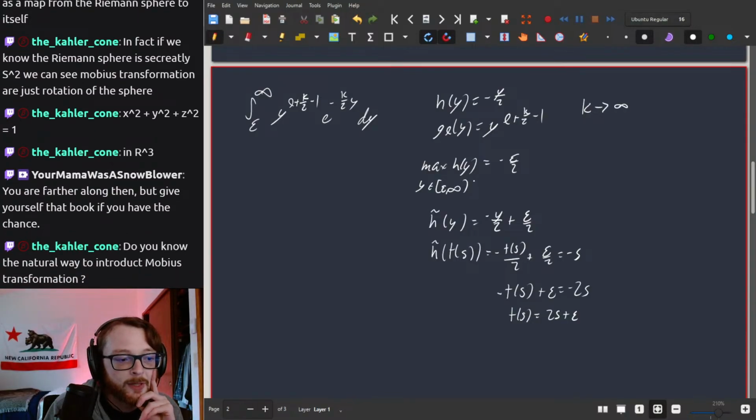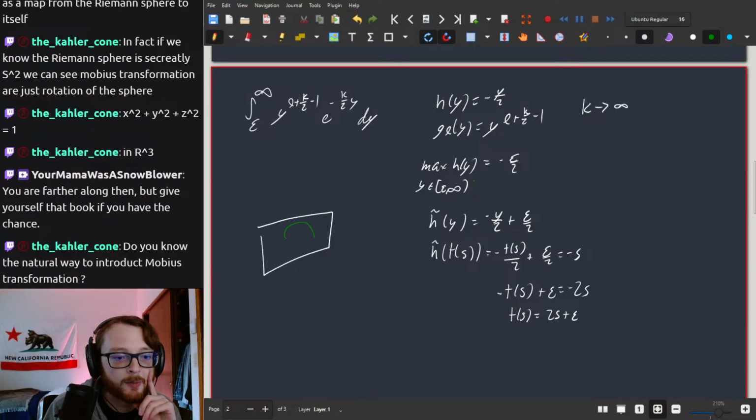Do you know the natural way to introduce Mobius transformations? I know of them as a mapping from the complex plane to a sphere that either sits on top of it or halfway through it, depending on your preference.